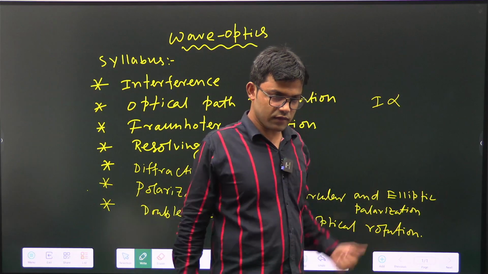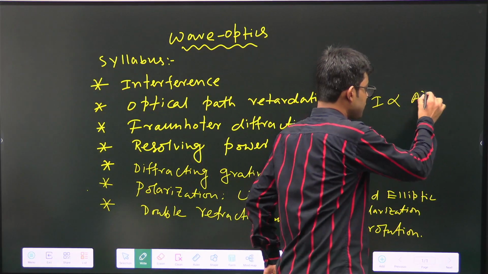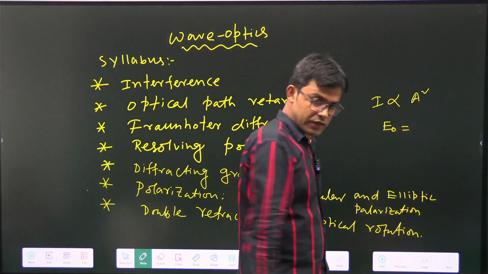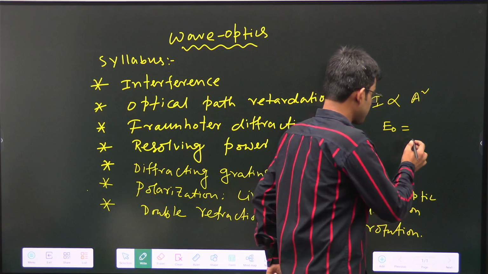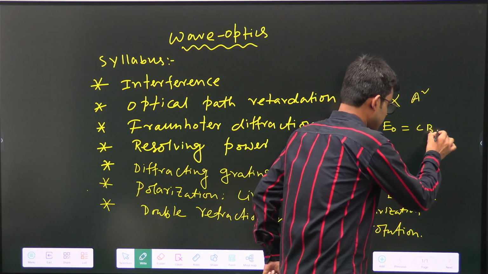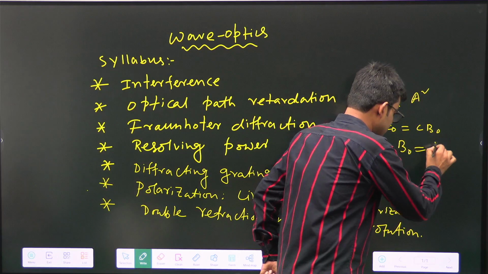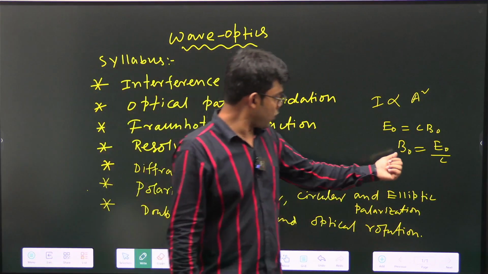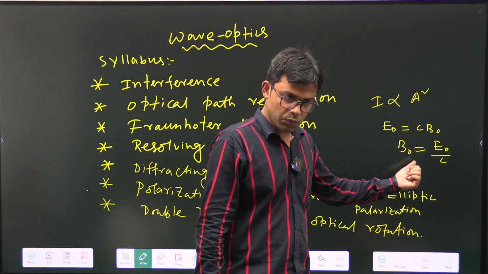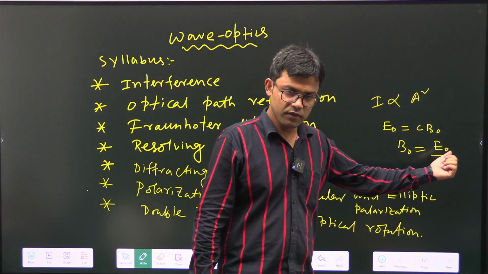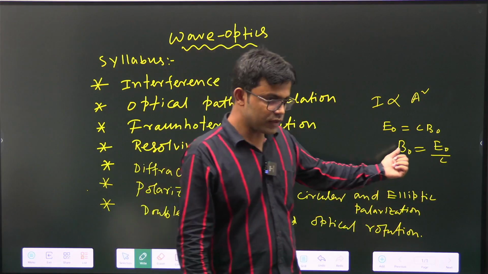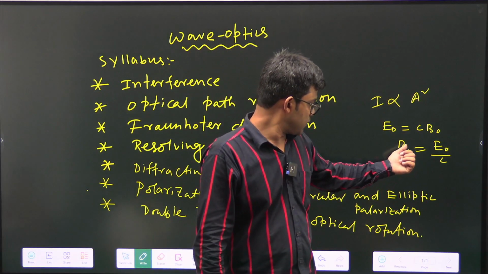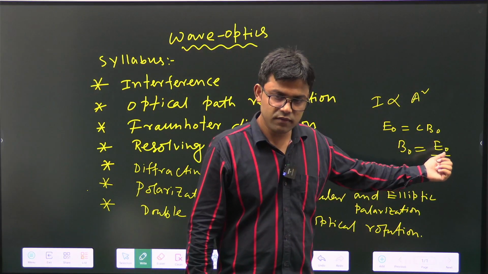We'll discuss in detail. It is the square of the amplitude. The amplitude of the magnetic field in an EM wave is 1/c times the amplitude of the electric field.